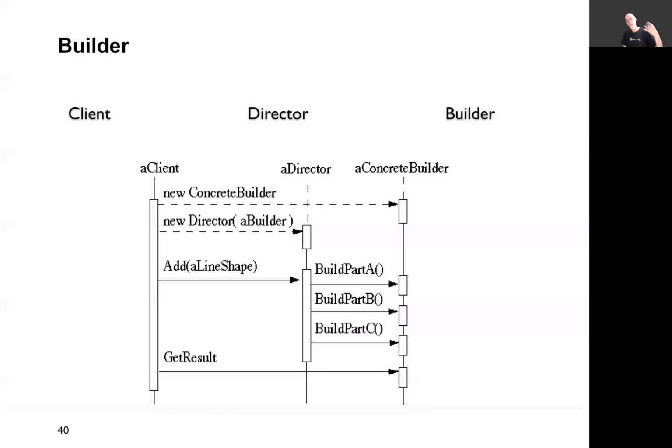So the idea is that we'll create different concrete builders, one to build the document in a PDF, one for the web. Then we can use the same client and the same director, but just give the director a PDF builder, and when we're done, we'll get a PDF out. Or we can give it an HTML builder, and when we're done, it'll generate an HTML diagram.